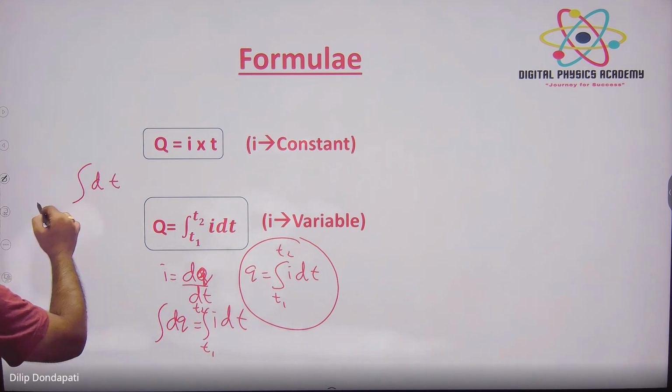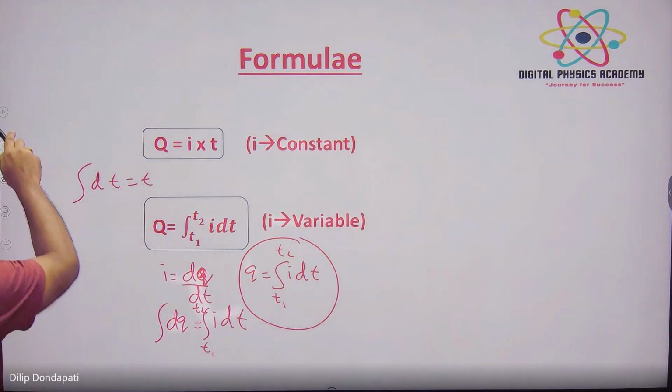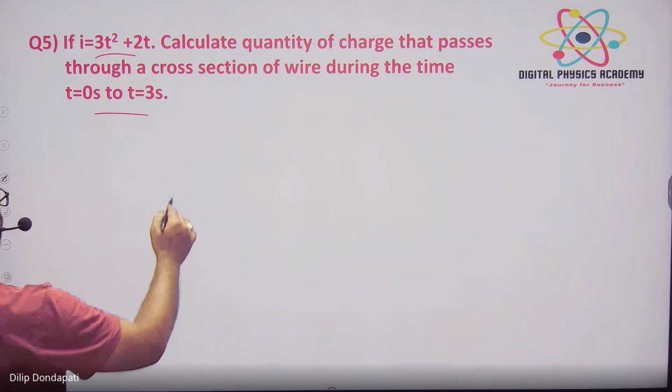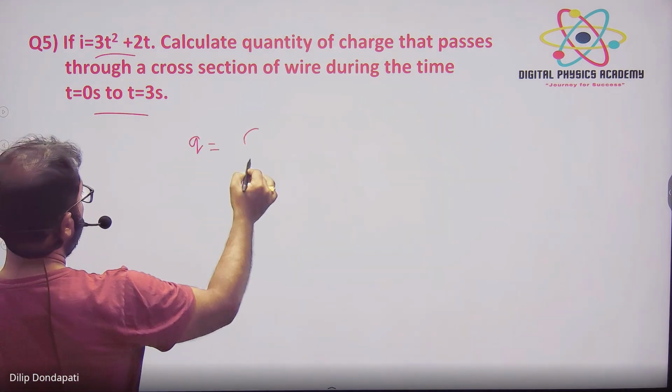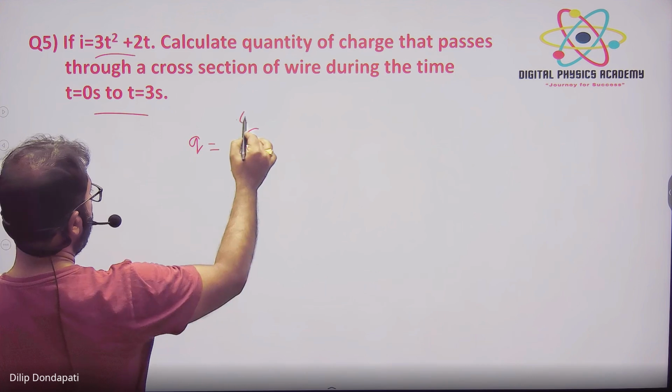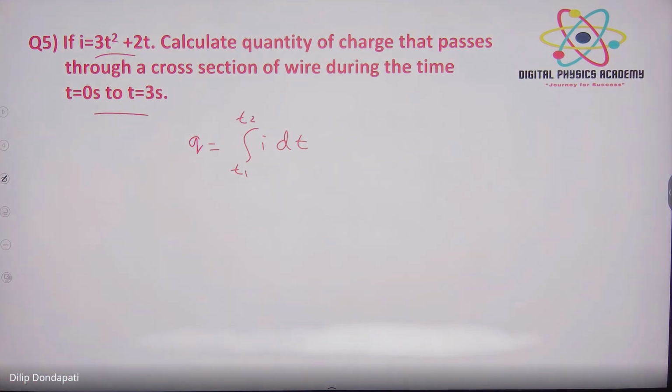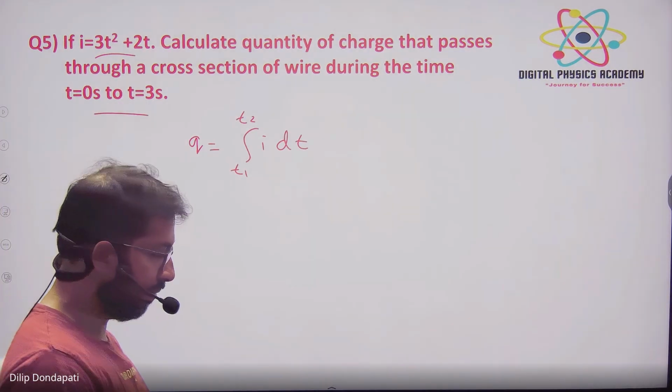Now, I in terms of time is given to you, and he is telling you to find the charge flown in 0 to 3 seconds. So when current in terms of time is given, how to find charge? Charge is equal to integral t1 to t2 I dt. And the units of charge are coulombs.